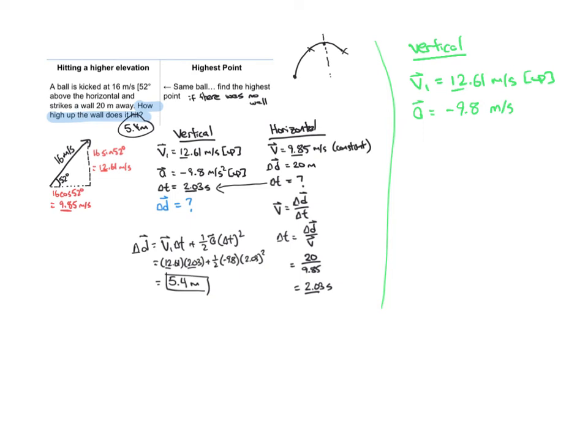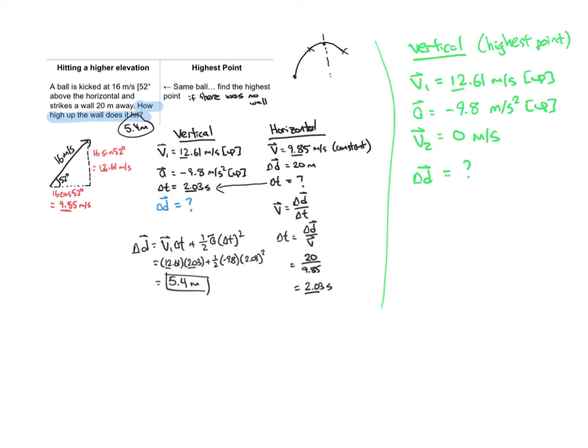Now there is no wall. Now this would be the time for the highest point, which I don't really know. But what I do know is that when it reaches its highest point, the vertical velocity will be 0 at the highest point. And that's the third value I'm going to use to allow me to calculate the displacement for the highest point, the vertical displacement for the highest point.